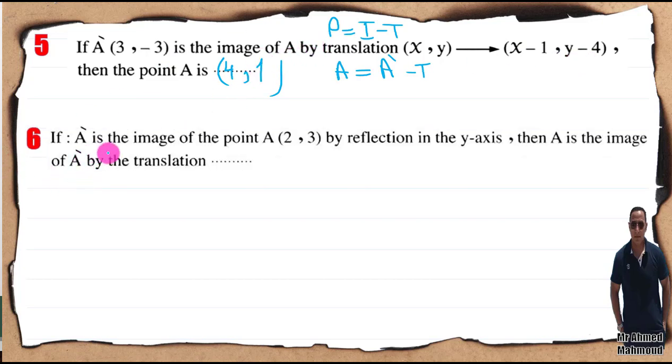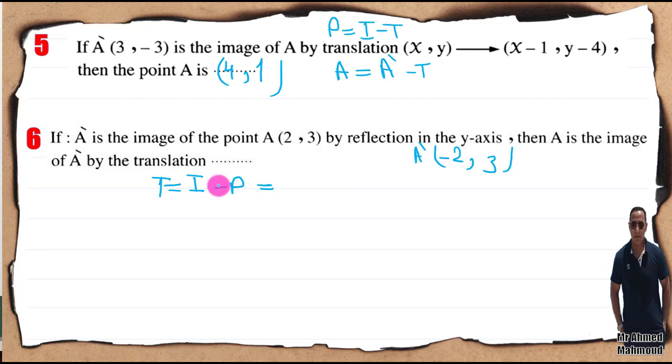Number 6, A dash is the image of 2 and 3 by reflection in the y-axis. So A dash equals, reflection in the y-axis changes x, so it will be negative 2 and 3. Then A is the image of A dash by translation. Okay, the translation equals image minus point.